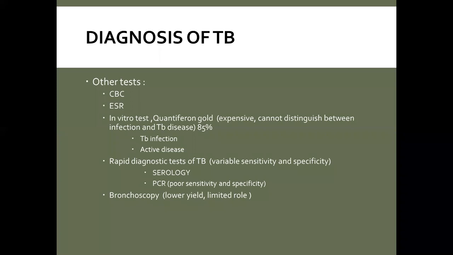It tells us about infection and whether it is active or not. Similarly, there are rapid diagnostic tests for TB, which include serology and PCR, but these are not very specific and not routinely available; mostly they are for experimental purposes. Similarly, bronchoscopy is required in complicated cases, or when we are unable to reach a confirmed diagnosis.